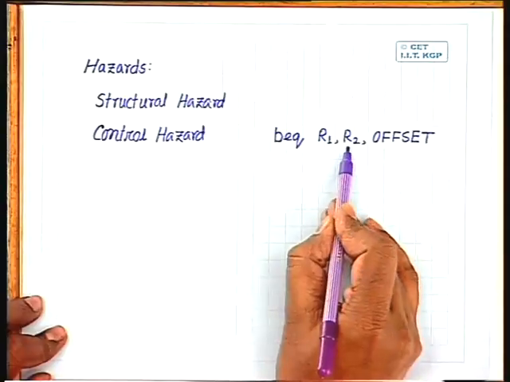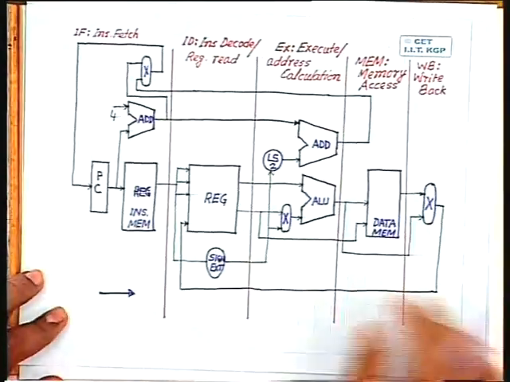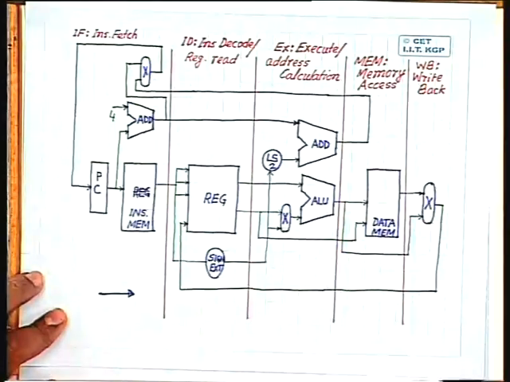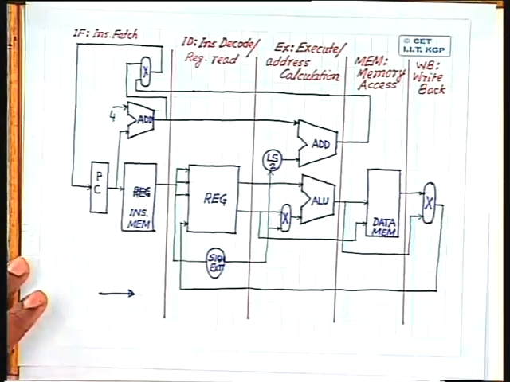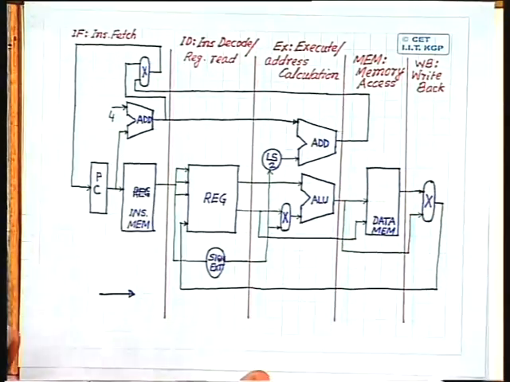That means whether R1 and R2 are equal or not, you will come to know only in the execute phase. So if we have to decide the next program counter value only after the execute phase, that means at least for 2 clock periods the pipeline will not be able to take new instructions. Okay, this is a problem which is called pipeline stalling.